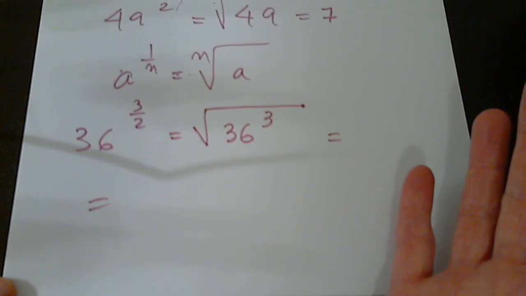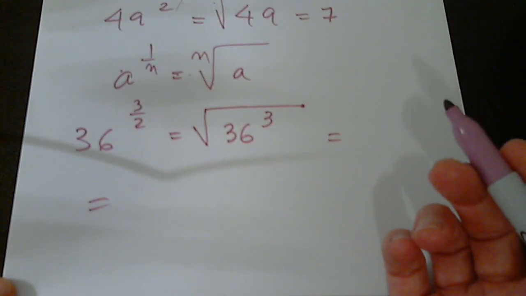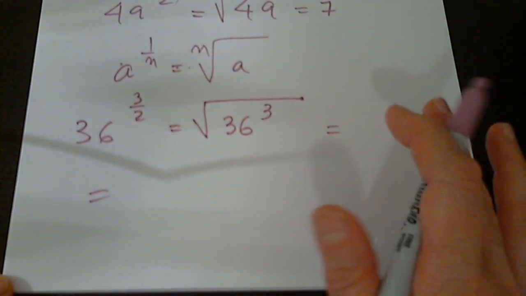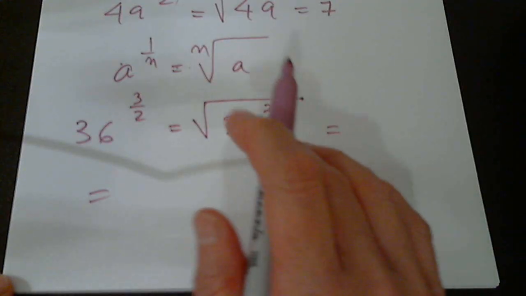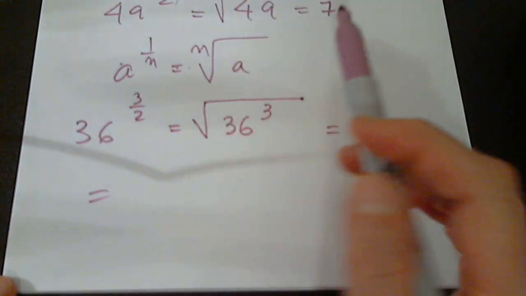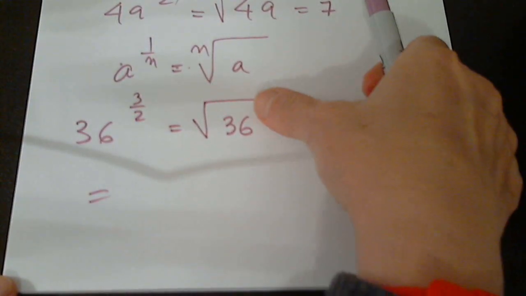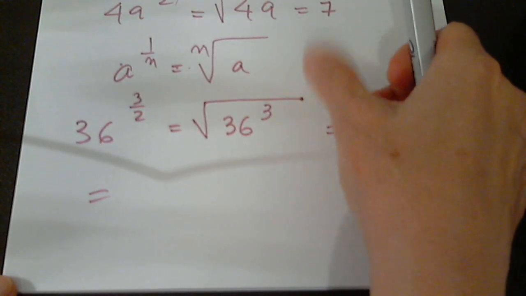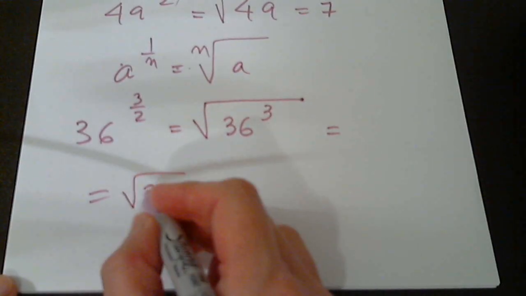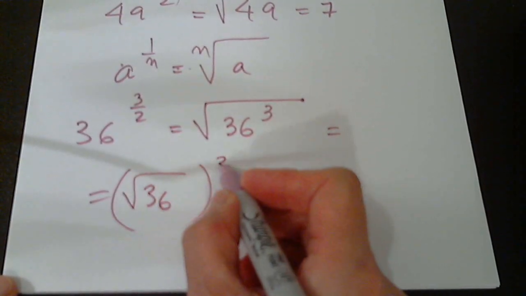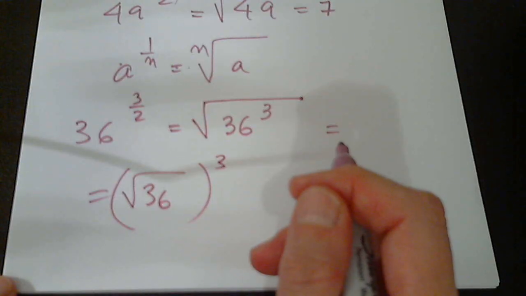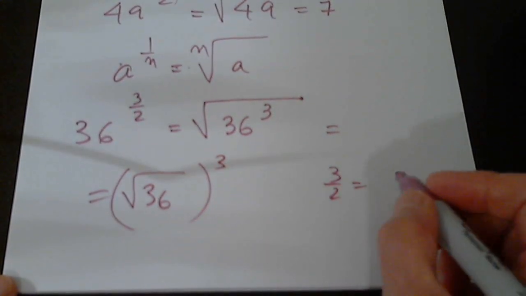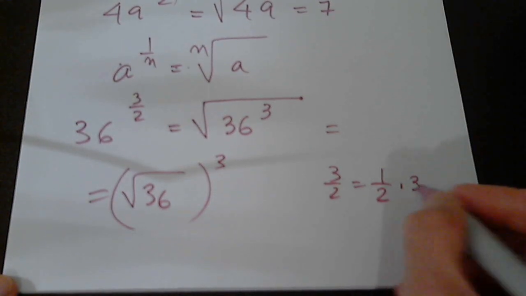You can put it in the graphing calculator, but it doesn't always happen to give an integer, right? In this case, it will. Let me explain why. You can take the square root of 36 and then cube the answer. This is the same thing as the square root of 36 raised to the 3rd power, because 3/2 can be rewritten as 1/2 times 3.